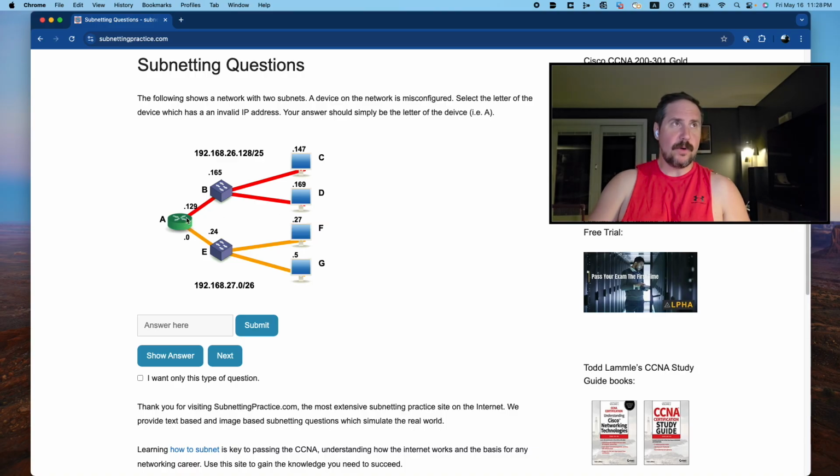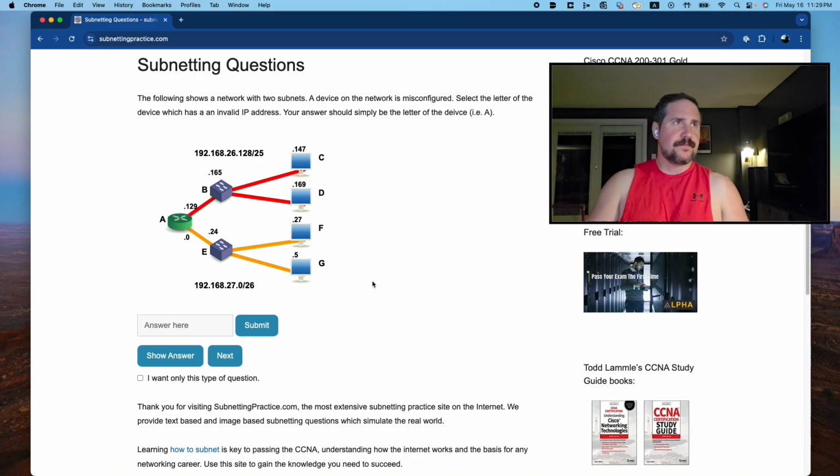So we've got .129, which I think is valid. .165, which seems valid. .147 seems valid, because we've got a block size of 128, so 128 plus 128 is 256, okay? And .1. All right, so none of these addresses seem to occupy the network address or the broadcast address, and they are all within the range of 128 to 255.